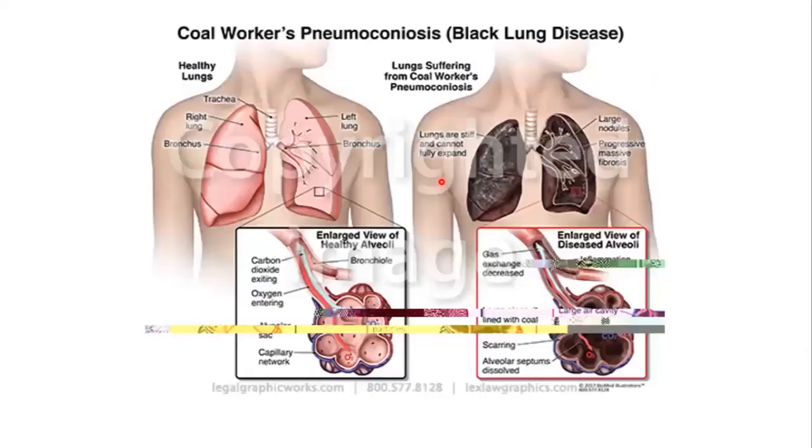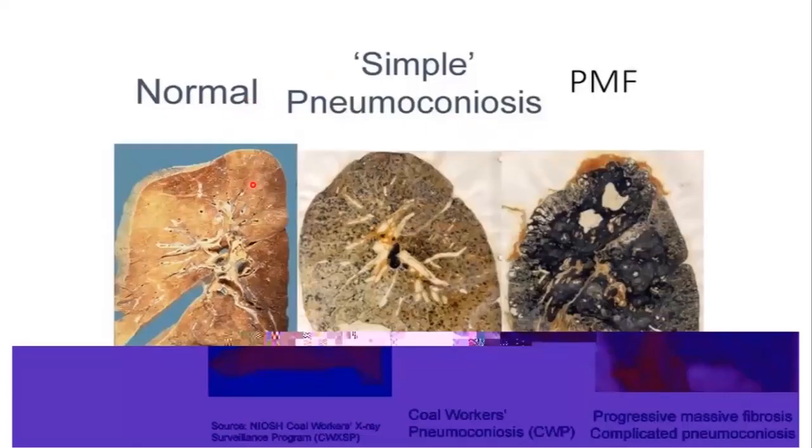So diagrammatically, you can understand why they call coal workers pneumoconiosis black lung disease, because normal healthy lungs compared to these black lungs, this is what people get when they work in coal mines for years and decades. Again, normal lung tissue, simple pneumoconiosis, and progressive massive fibrosis.